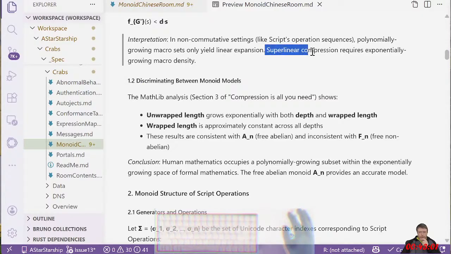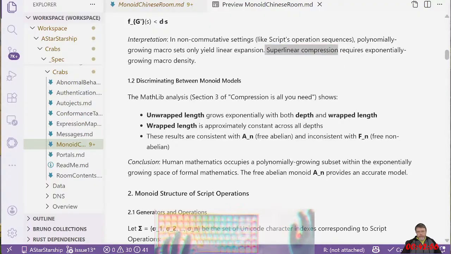What's super linear compression? Let's look this up.